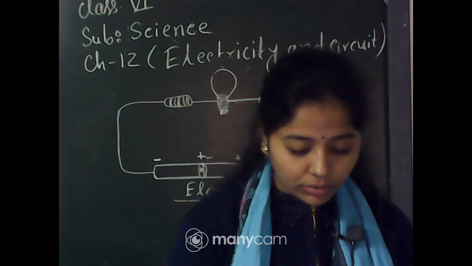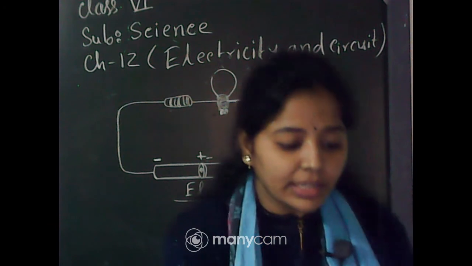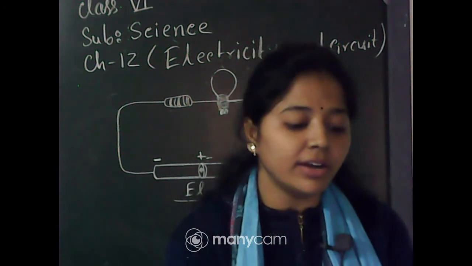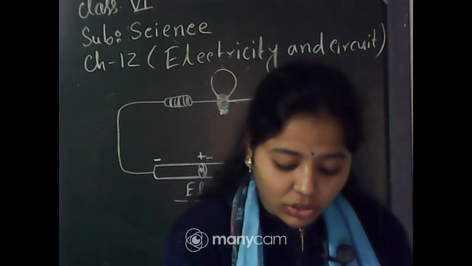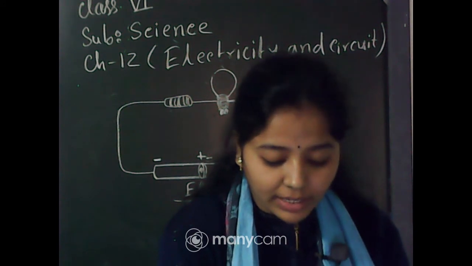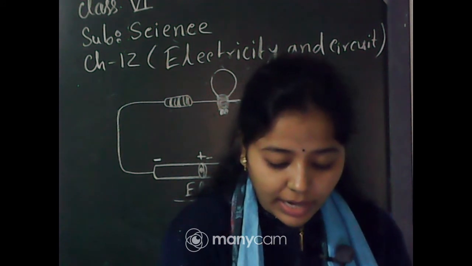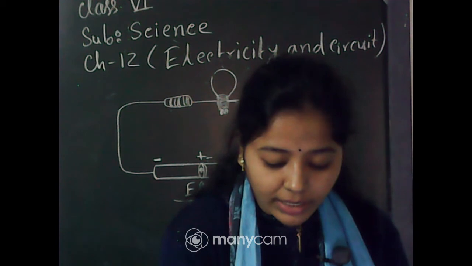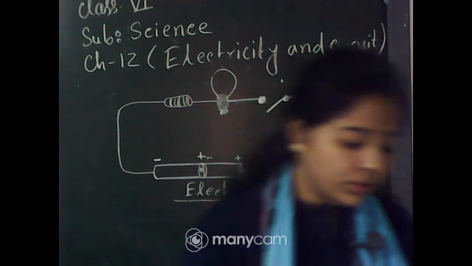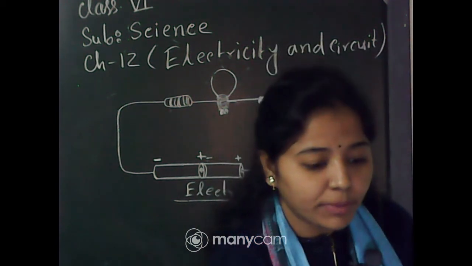Okay, now activity 3 you can see from your book page number 119. Take a torch bulb and a piece of wire and remove the plastic covering at the two ends of wire as you did before. Okay, understood this point everyone?